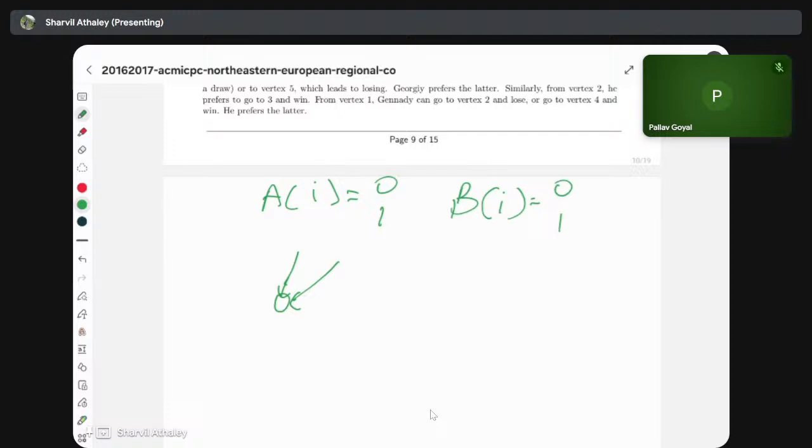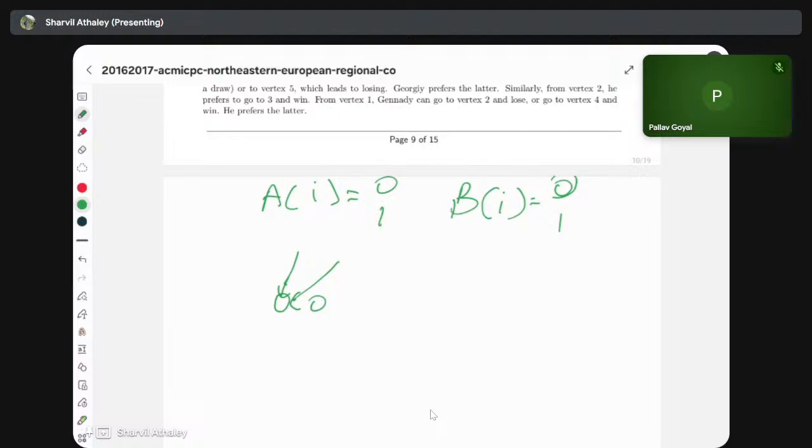So for all nodes which have out degree 0, they will have their A_i and B_i set to 0.